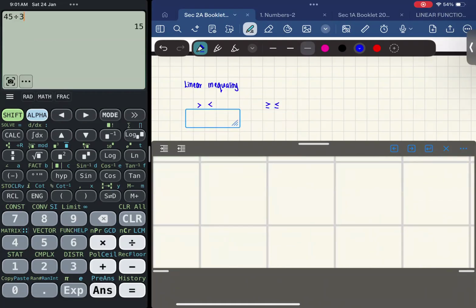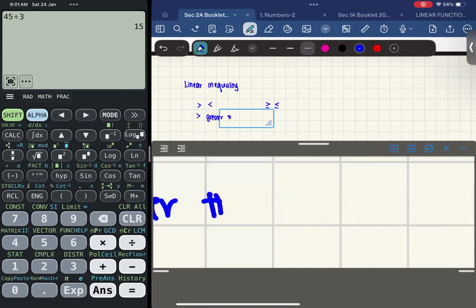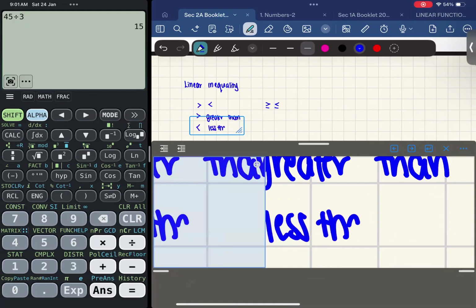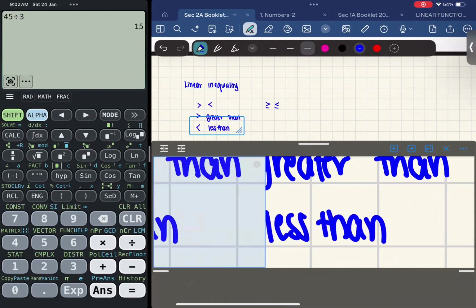So this one here is greater than, and this one here is less than. Less than, lesser than, smaller than, up to you.